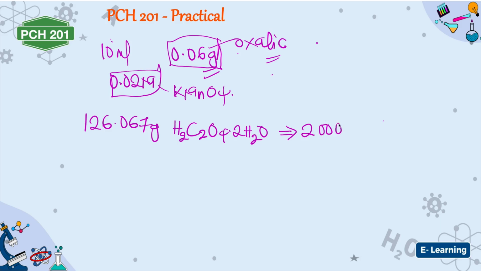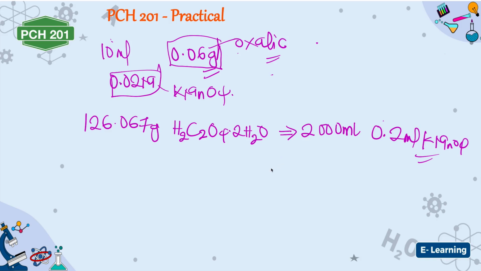2000 mL of 0.02 molar KMnO4. Anything they give to you here, just know they will give you something like this.